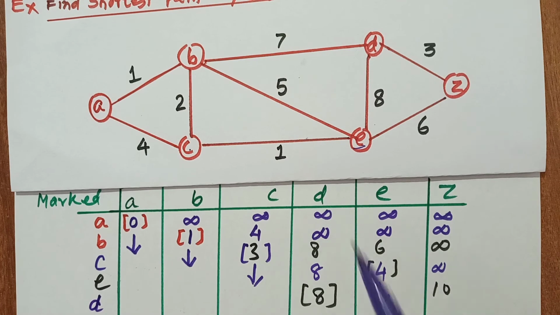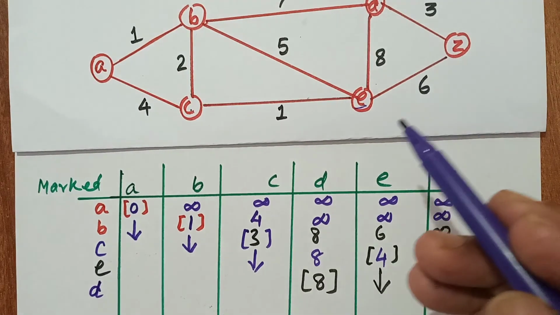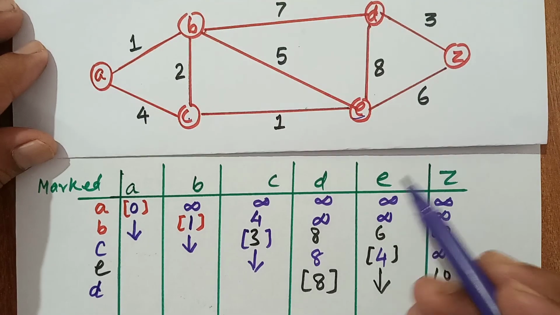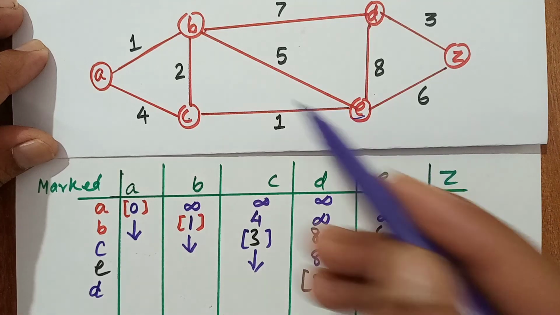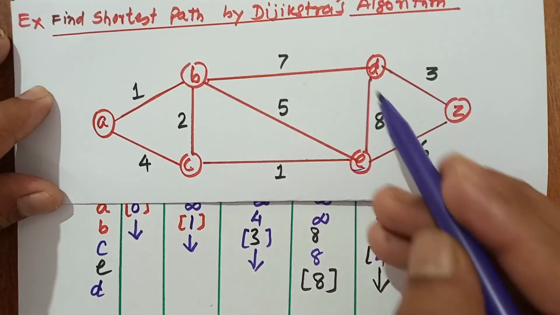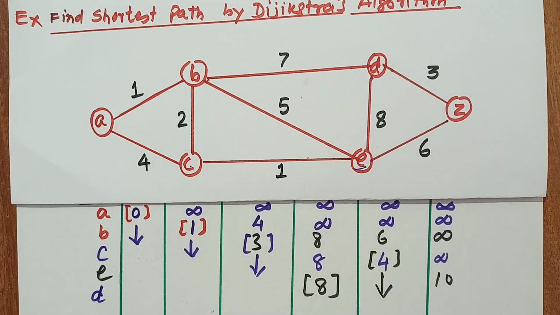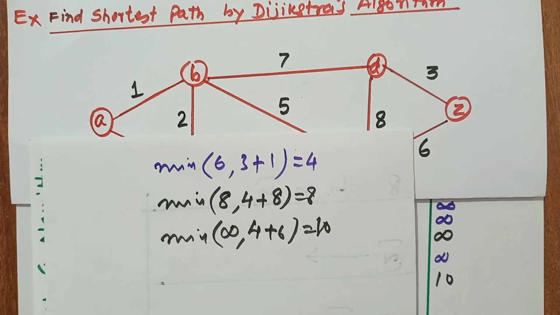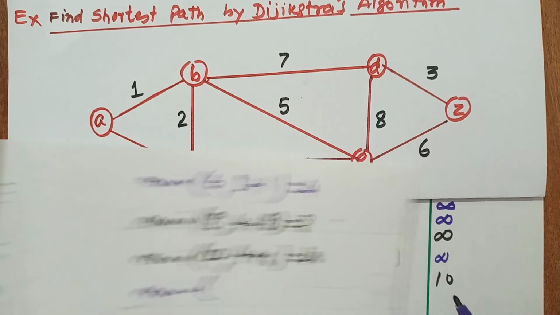Now here D. So now concentrate on D. So how many vertices are directly connected to D? So D to B, D to E, D to Z. But E and B are marked. So no need. We will use only D to Z. So for D to Z, what is the formula? The formula is minimum of the old value of Z. So 10.